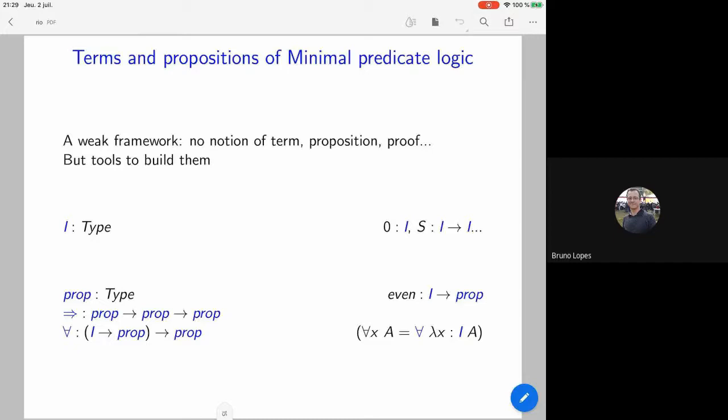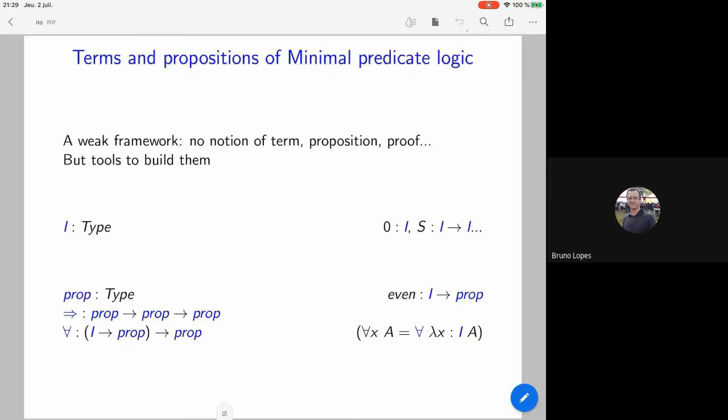So we build the term lambda x of type I, A, and this term has type I arrow Prop, and we then apply the quantifier for all to this term. And to be able to do so, the for all quantifier must have a type that takes as an argument a function from I to Prop and returns a proposition, hence the type that you can see on the bottom line of this slide.